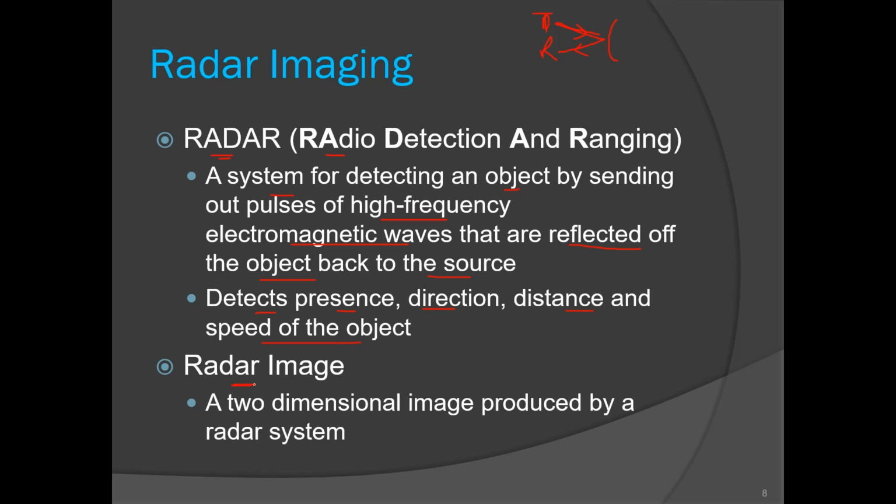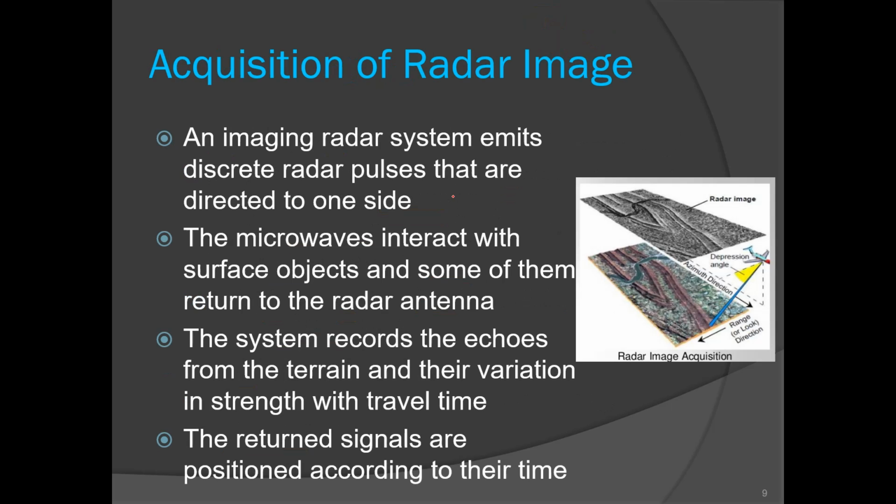And what are radar images? They are the images produced by the radar system. If you form an image using this technique, it is known as a radar image. Now let us see the process of radar image acquisition. There will be a transmitter which transmits the high frequency wave.